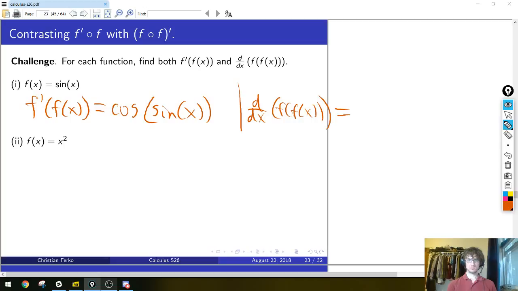I believe that by the chain rule, we have that this is going to be equal to negative sine of sine x times cosine x. So you say negative sine of sine x. The derivative of the outside piece sine is cosine, right?